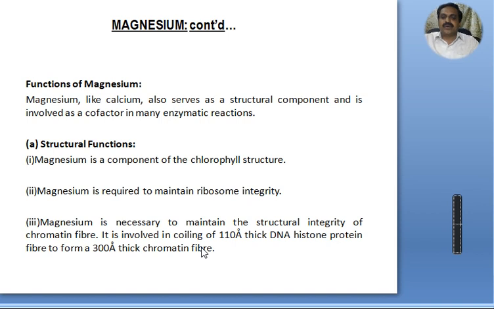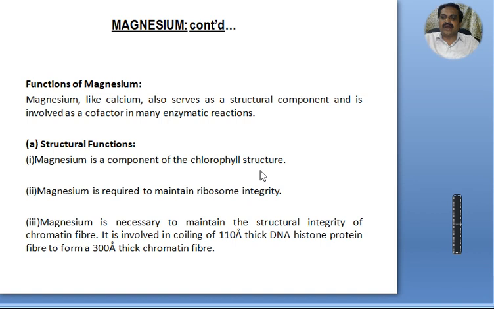Magnesium, like another element calcium, also serves as a structural component and is involved as a cofactor in many enzymatic reactions. As far as structural functions are concerned, magnesium is a component of the chlorophyll structure.